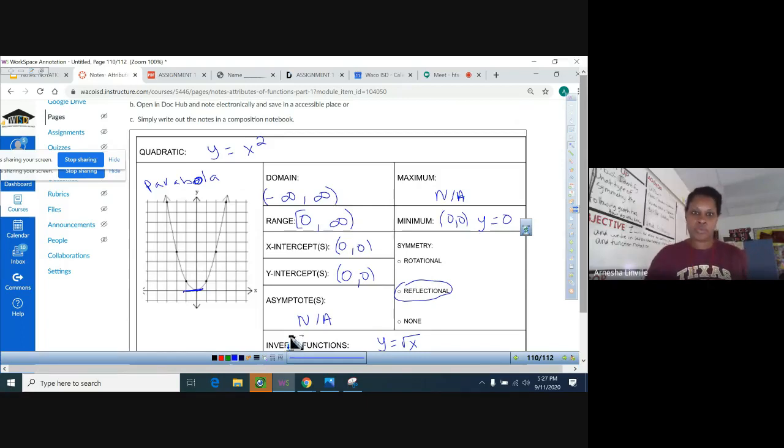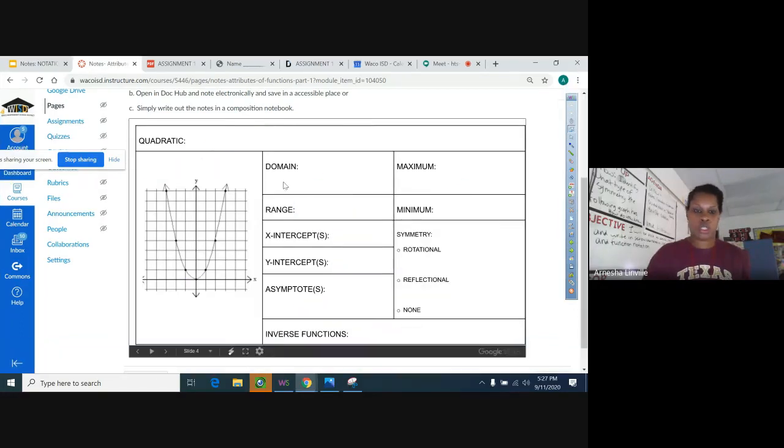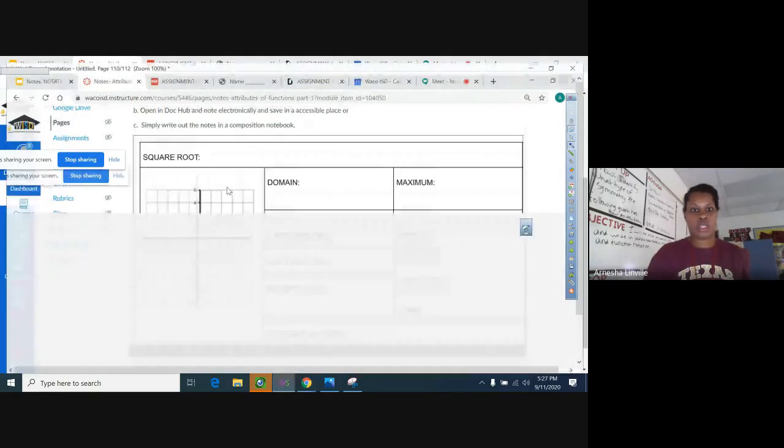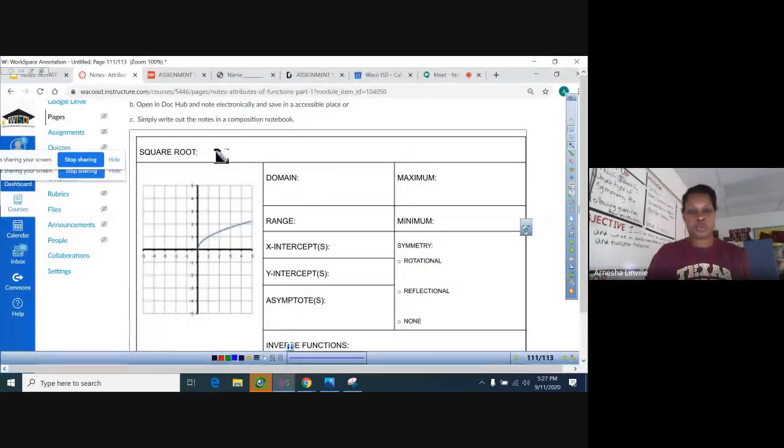So the positive square root of x will be the inverse. And the last function is square root. y equals the square root of x is the actual parent function equation.